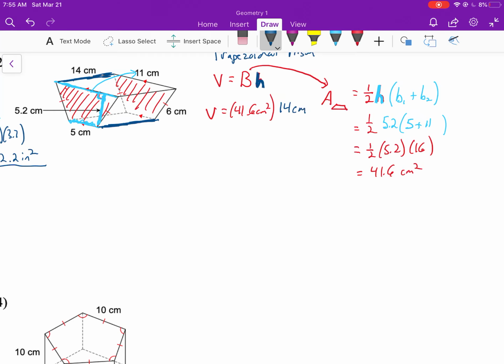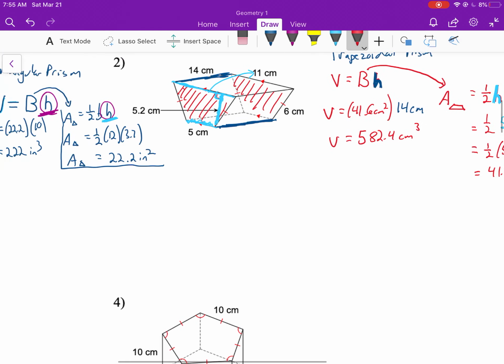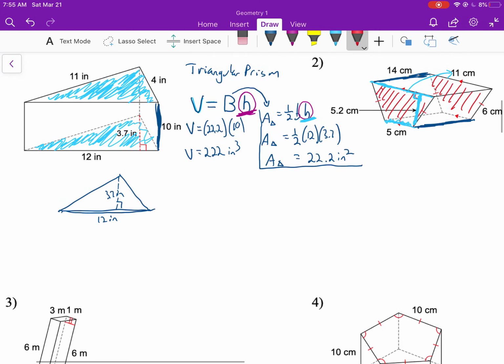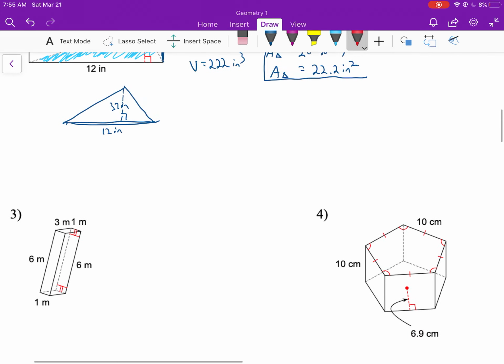So we're going to go ahead and multiply those together, and we get our volume is equal to 582.4 centimeters cubed. So hopefully that helps as you work through volume of these different shapes.